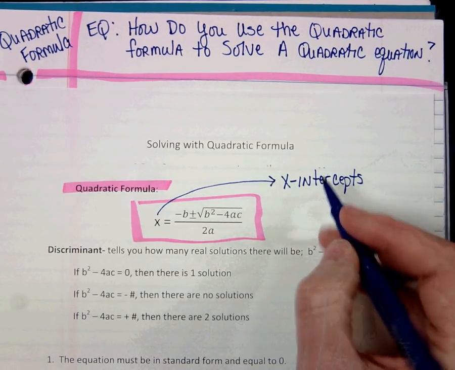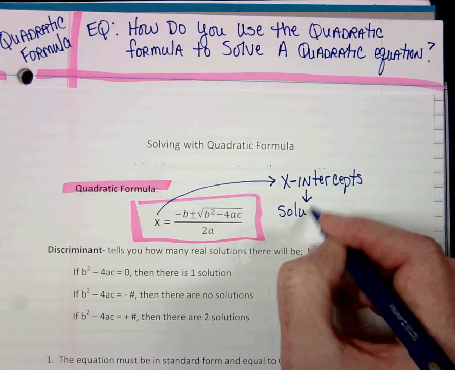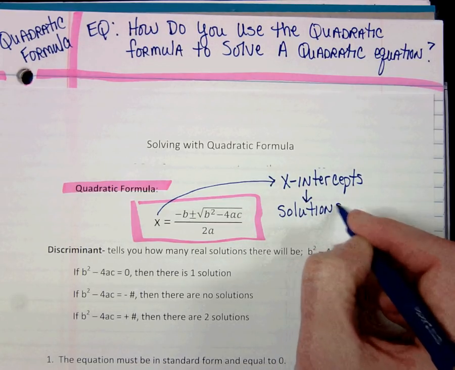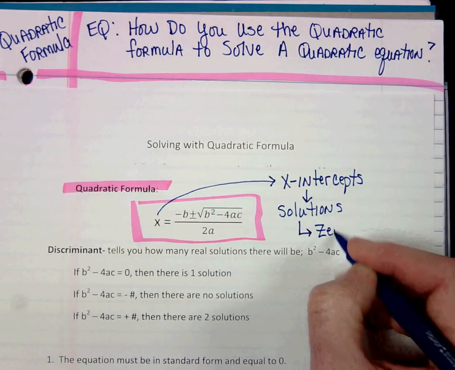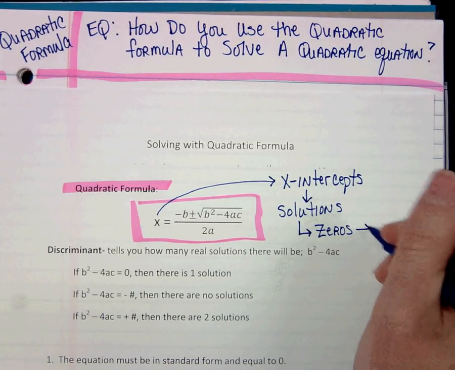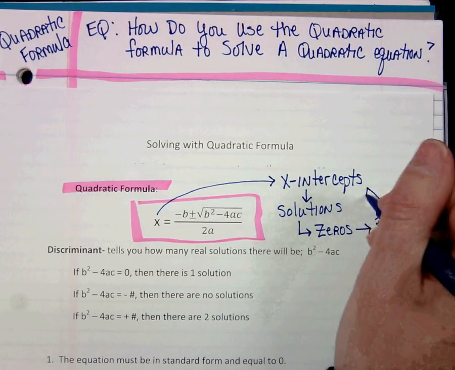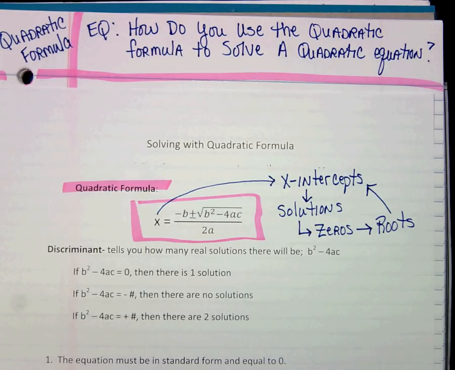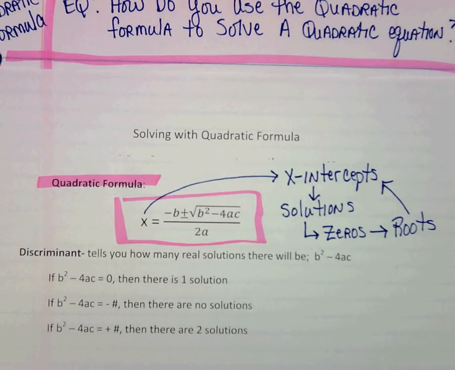So I just want to make sure that we know x-intercepts also means solutions, which also means the zeros of the equation or function, which also means the roots. All four of these words are interchangeable. They all mean the same thing. So we need to recognize that and not be thrown off when we see those vocabulary words.